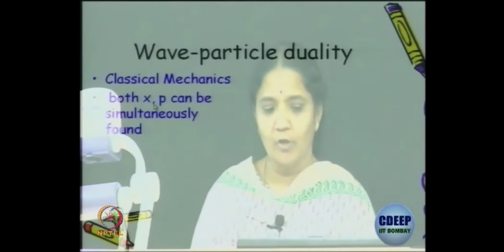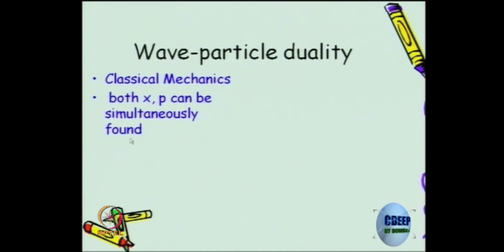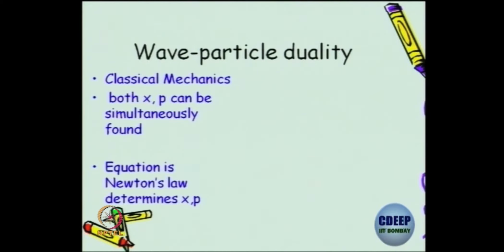Okay, it's not that if you know the position, you don't know the momentum. You can measure the velocity or momentum. So that's a very important point, that x and p can be simultaneously found in your classical laws. Equation is Newton's law. What is your aim in the Newton's law?